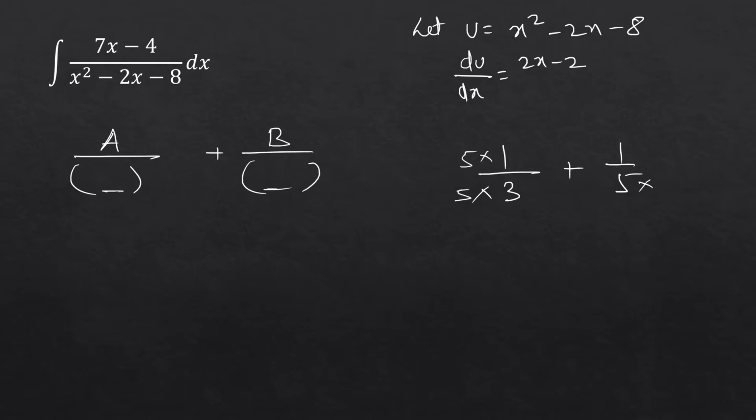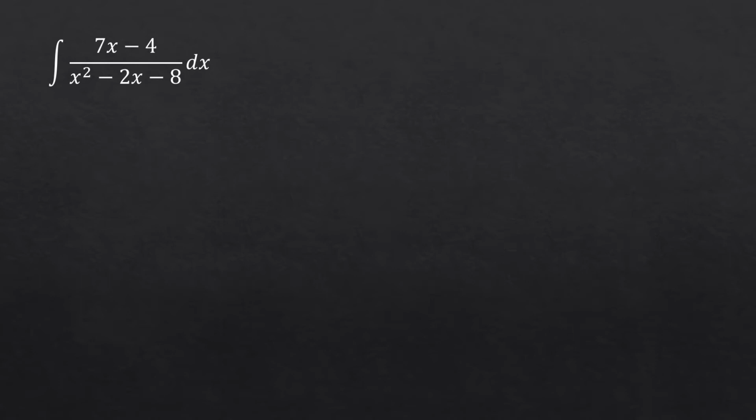Here we are going to multiply this denominator by 3 and this numerator by 3. Hence we will get 5 over 15 plus 3 over 15, and when we add it we will get 8 over 15. So we want to do something similar here with this algebraic fraction. We want to decompose it into this 1 over 3 plus 1 over 5 form. Okay, so let's see how we can do that.